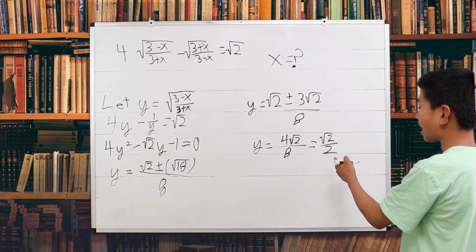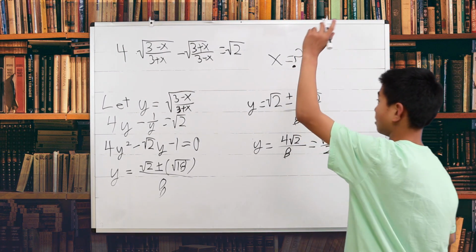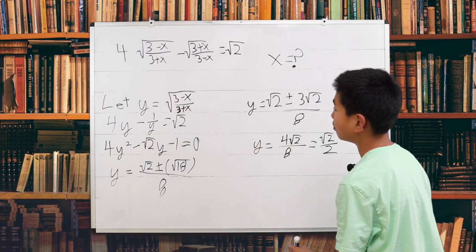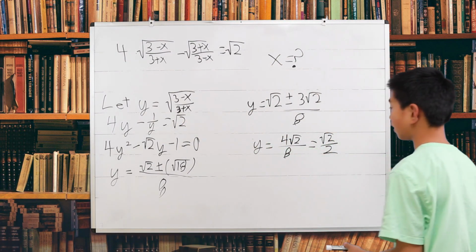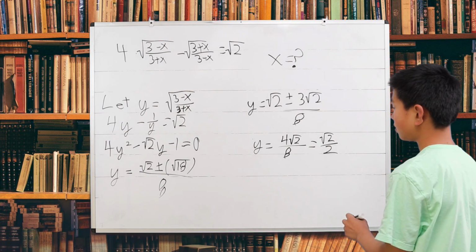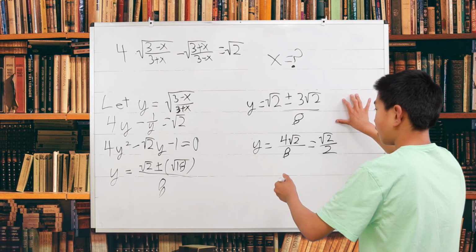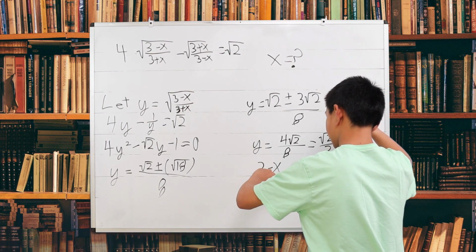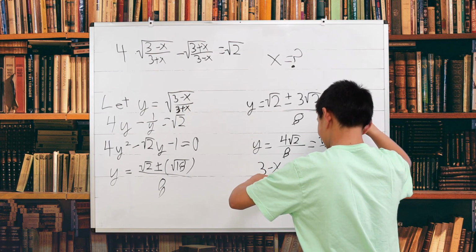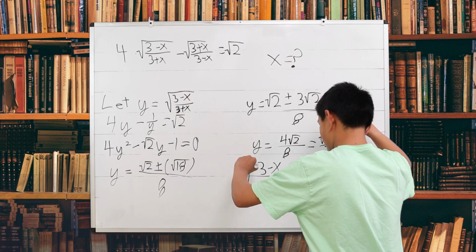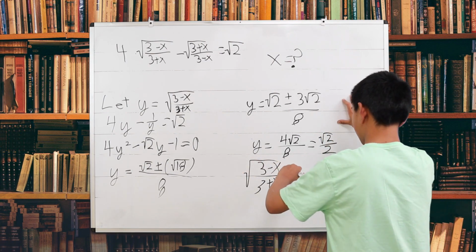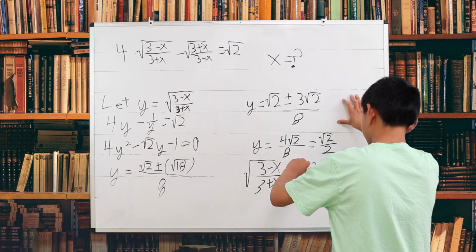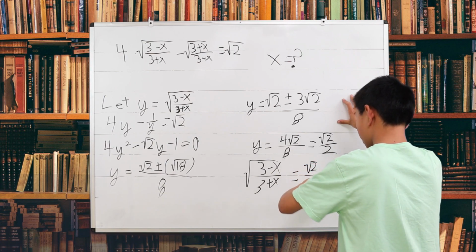Now that we've found that, we can plug it back in here to find out what x is. Okay, that's confusing a bit. So the square root of 3 minus x over 3 plus x is equal to the square root of 2 over 2.